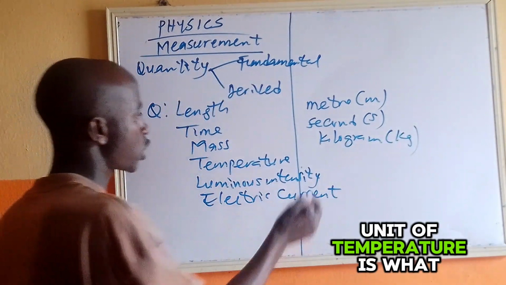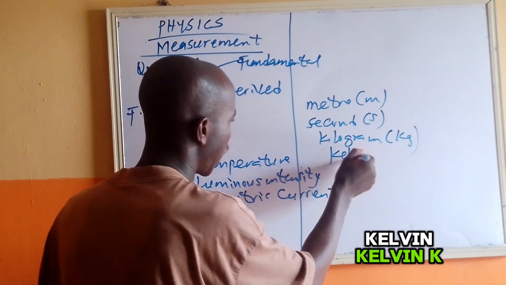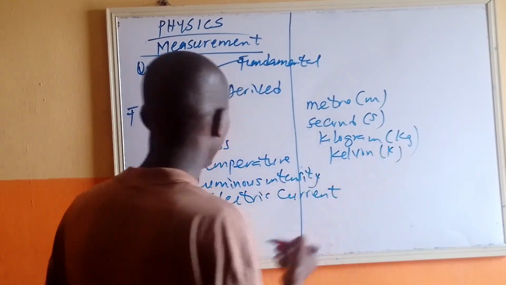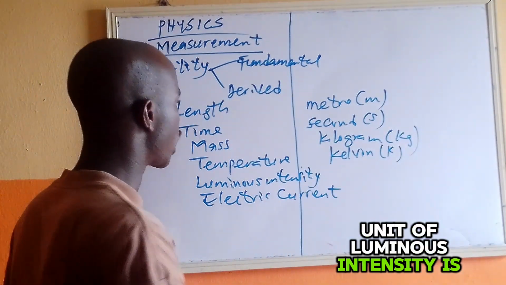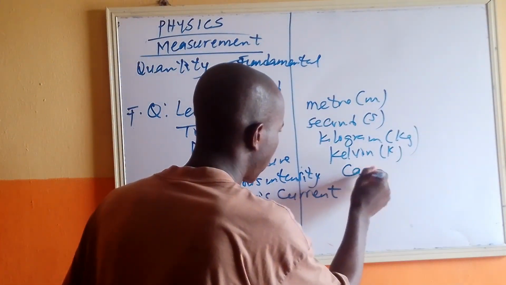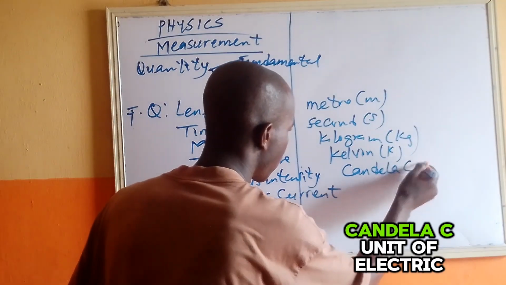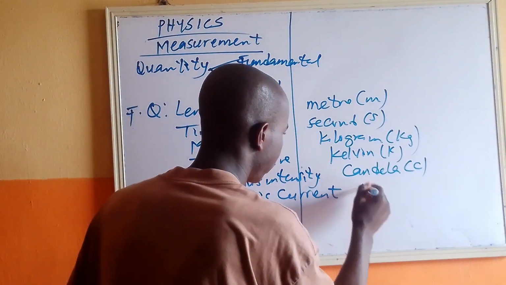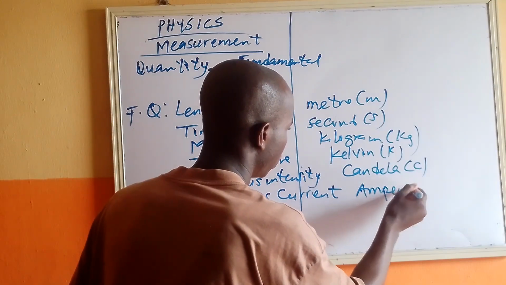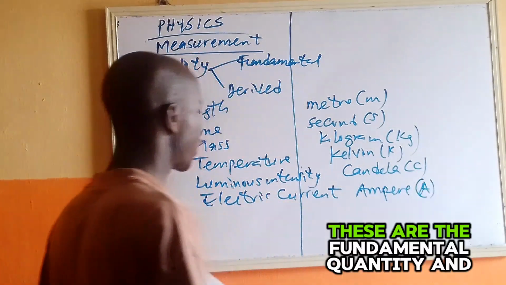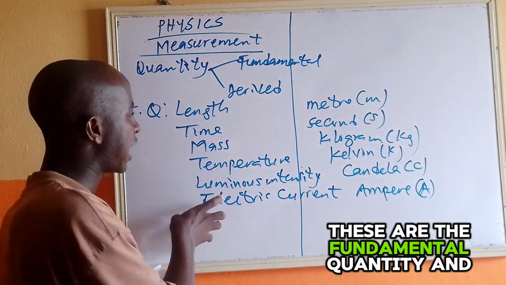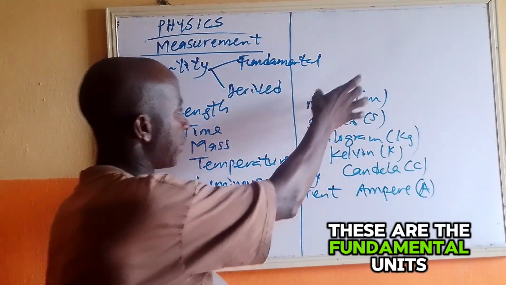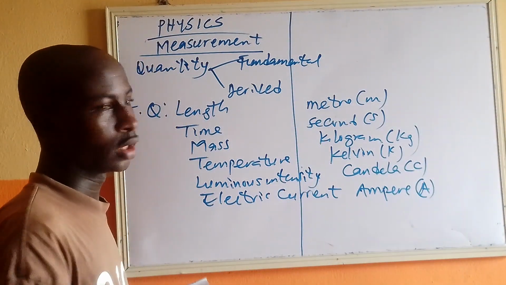Unit of temperature is Kelvin, K. Unit of luminous intensity is candela, C. Unit of electric current is ampere, A. These are the fundamental quantities and these are the fundamental units.